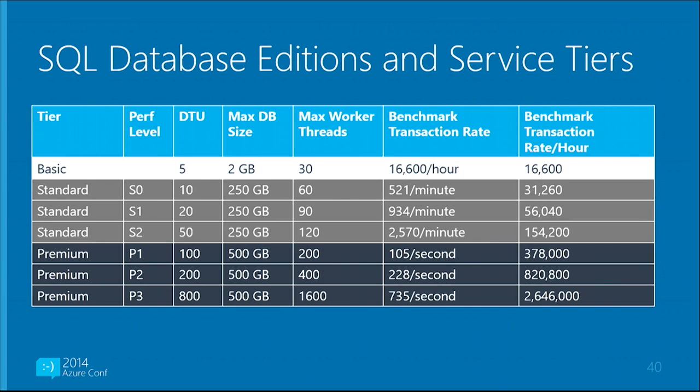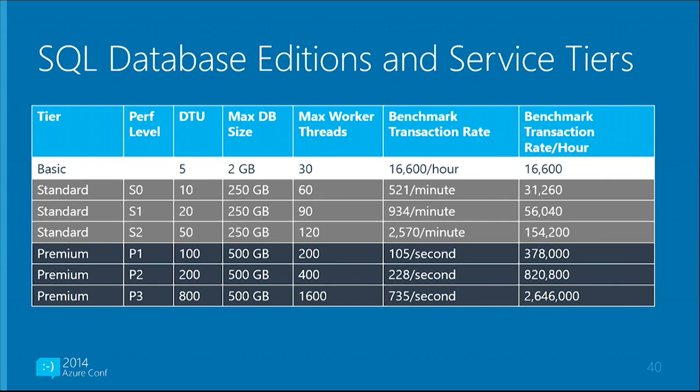We have lots of editions to choose from. So Basic is kind of the lowest tier, and there are a couple of factors that come into play, and I'm going to talk about DTUs in just a second because that matters a lot. But one of the things we get is a max DB size across all of these new editions and service tiers.